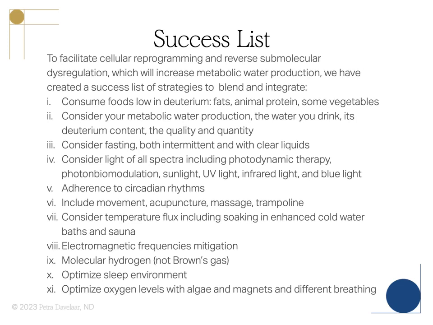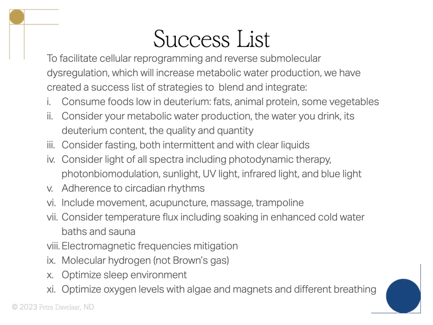Consider fasting, both intermittent and with clear liquids. Consider the light of your light environment of all the spectra and intensities, including photodynamic therapy, photobiomodulation, sunlight, UV light, and infrared light. Adhere to circadian rhythms. Include movement, acupuncture, massage.